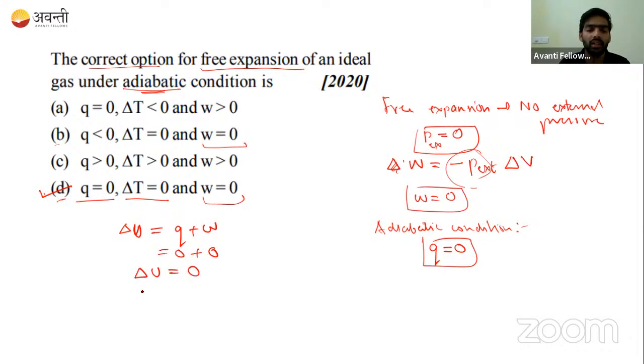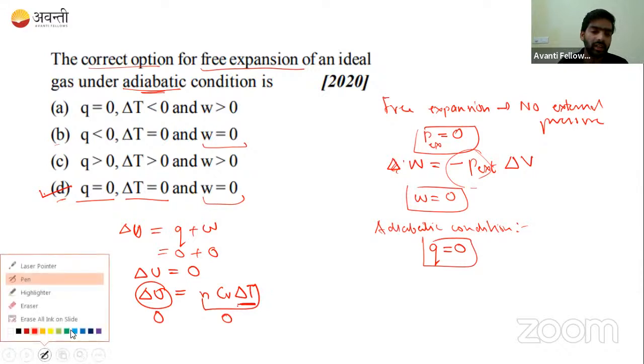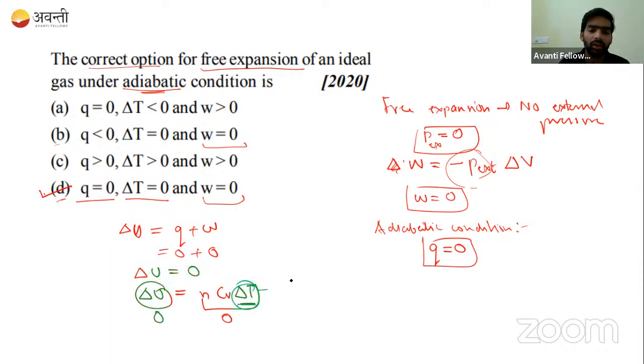We know that the change in internal energy is nCv delta T, and if this term is zero, then delta T is going to be zero. So this is the correct answer, option D. Easy. What I told you is that the questions are going to be very easy.